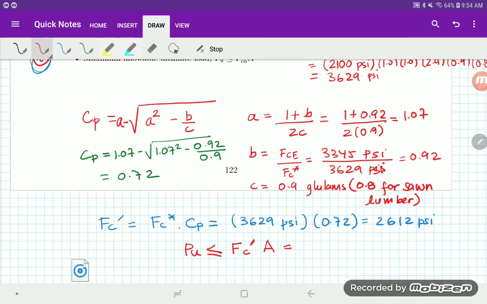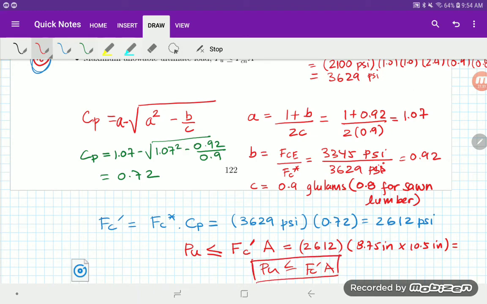So FC prime is 2612 multiplied by the area, which is 8.75 inches times 10.5 inches. That is the maximum number that we can use, so P sub u has to be less than or equal to that product.